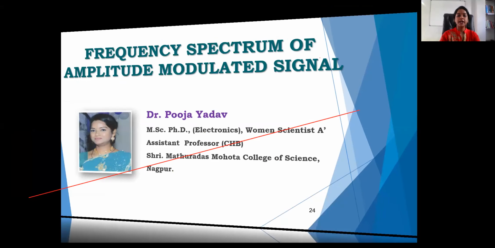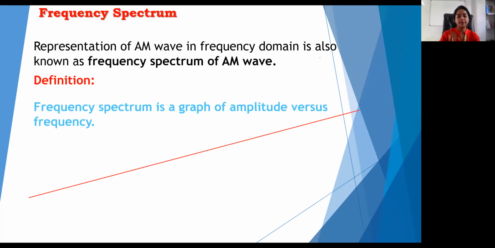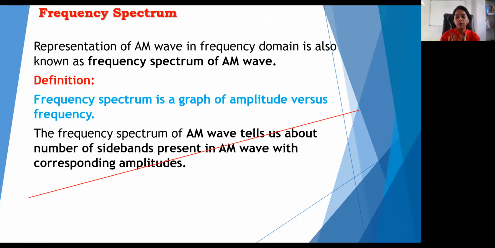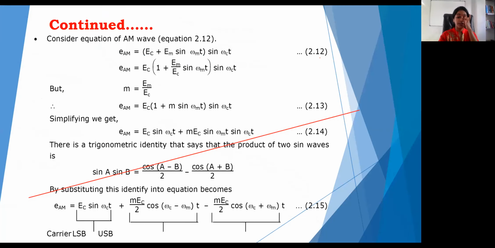Okay, so we have started from here. We have seen what is the frequency spectrum. You have the definition, how we write the frequency spectrum for amplitude modulated wave, and this is how the derivation for amplitude modulation goes.